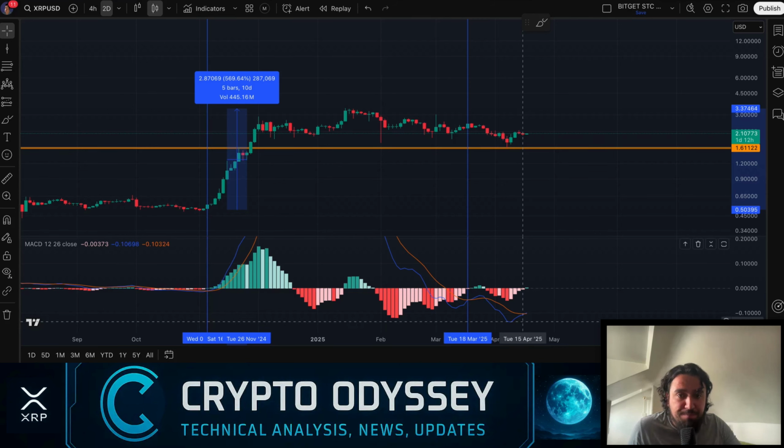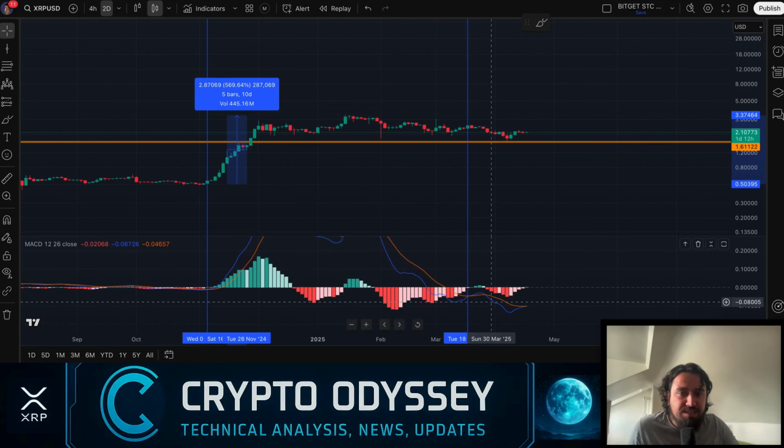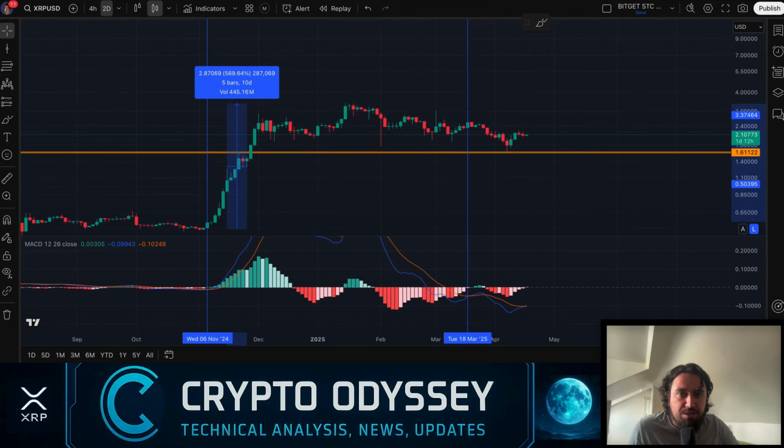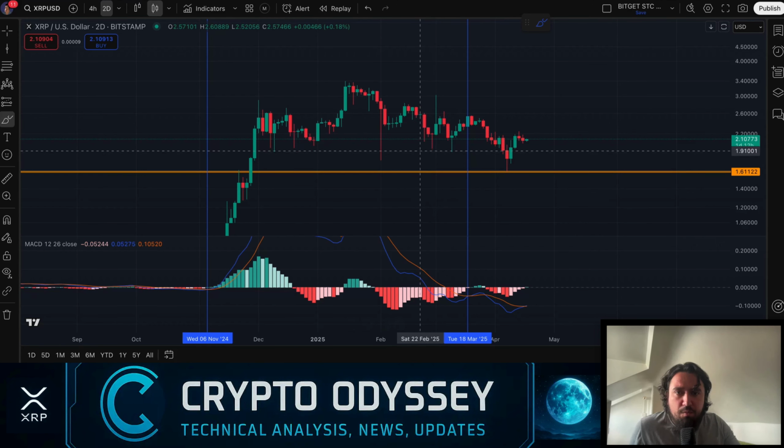We are very deep. And if we take a closer look now to see what the histogram is doing, now ignore this one because this wick got swallowed up. We're going to start from this section here. We have a low, a lower low, and then we have a lower low.